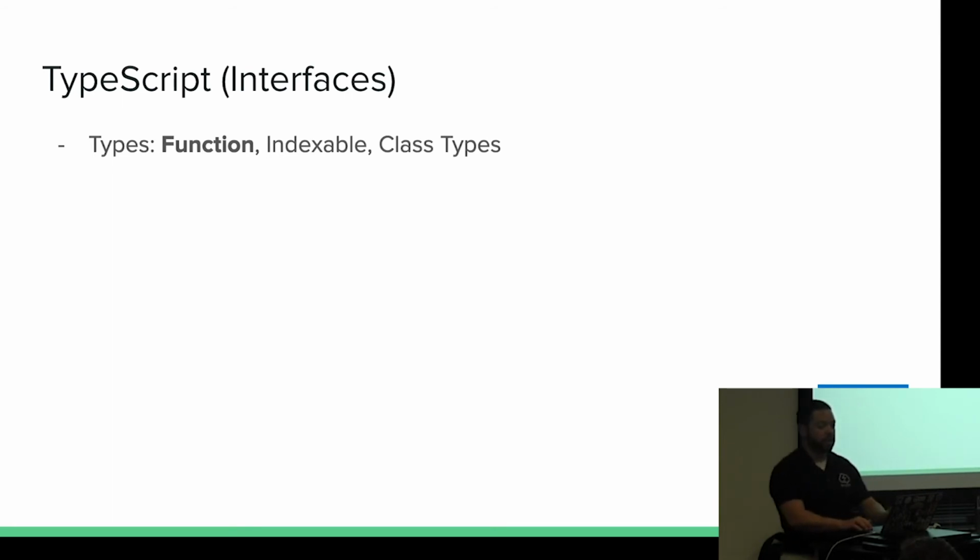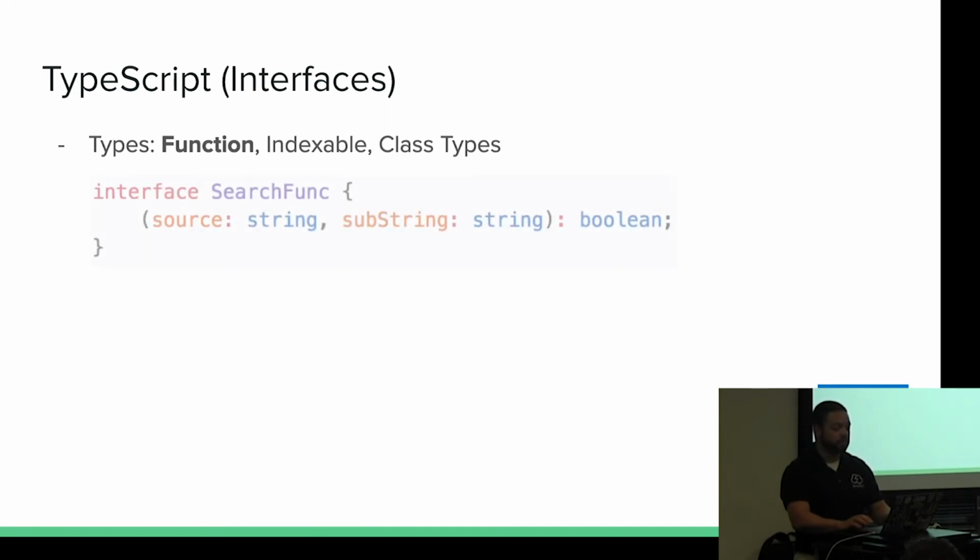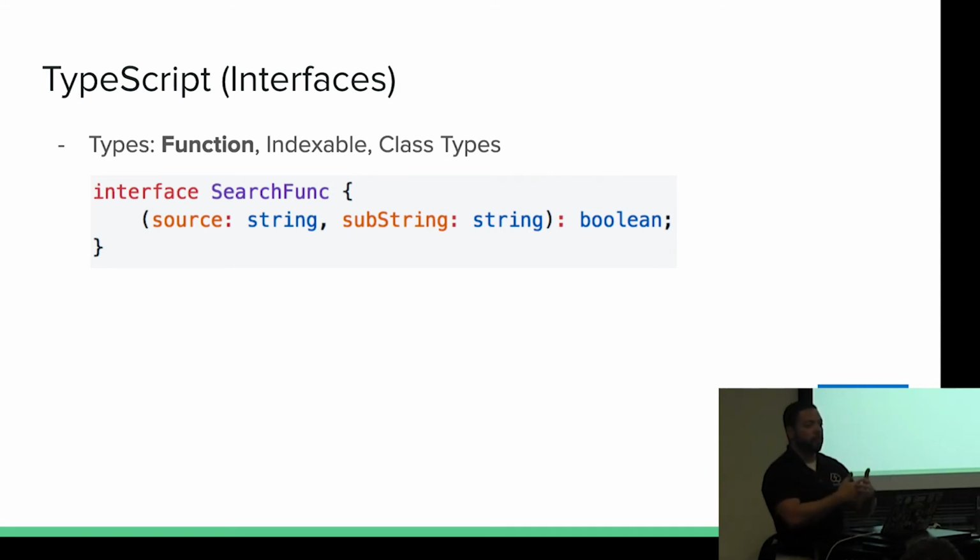Now, in addition to other interfaces, we can define a function definition as an interface. So here, this search function is an interface for what a function has to abide by. The inner part of the function has to be a source string and a substring, and it will return a Boolean value.